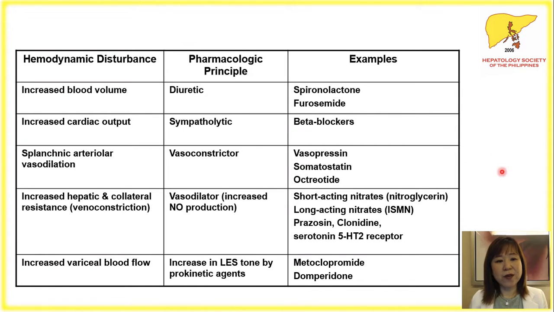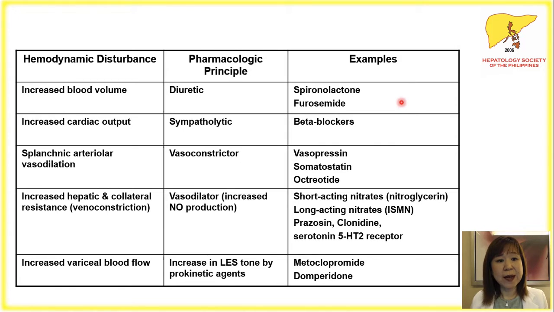So, what are the other pharmacologic management options for variceal bleeding? We have to make use of a diuretic, sympatholytic, vasoconstrictor, vasodilator, or medication that will increase the LES tone, like a prokinetic agent.